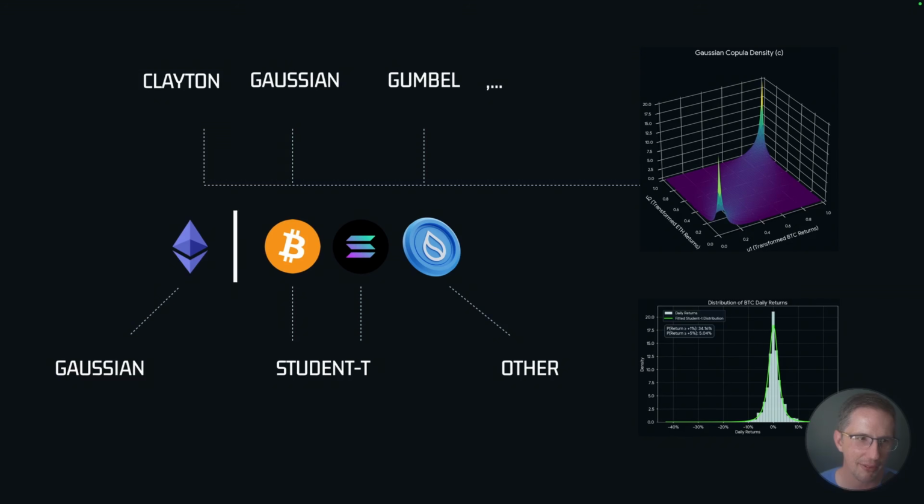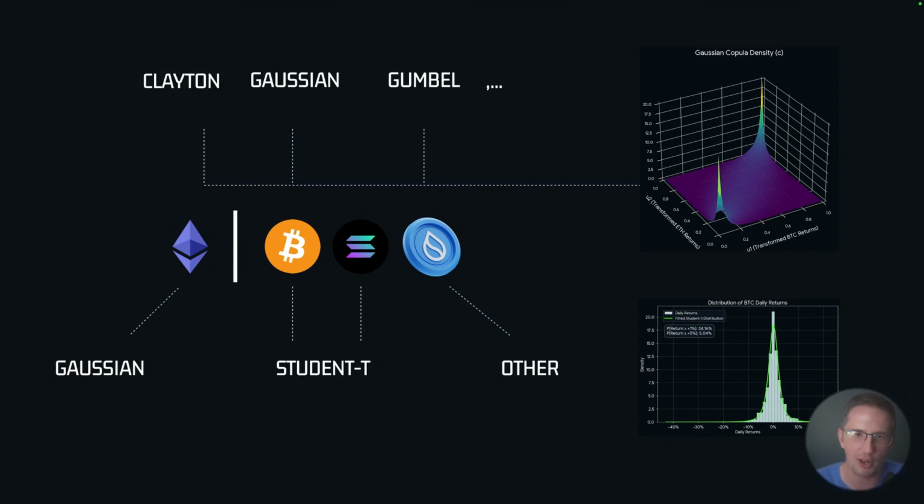So we might have that Ethereum and Bitcoin follow the Clayton copula on their returns, which we know, by the way, they don't actually follow a student T right now. But then the Gaussian might be the best for Bitcoin and Solana, or a Gumbel for Sui and Solana, whatever those relationships are. There might be better relationships here that we can describe between these different cryptos that follow different copulas.